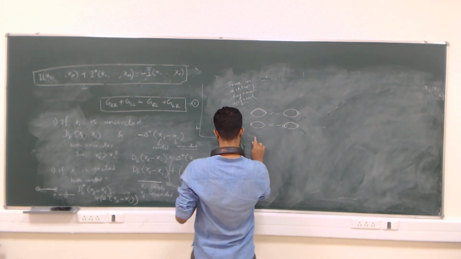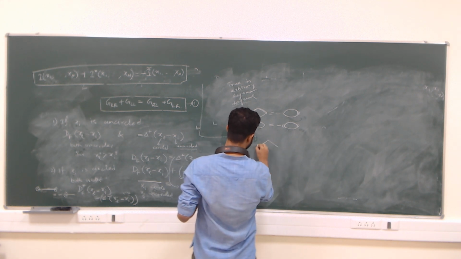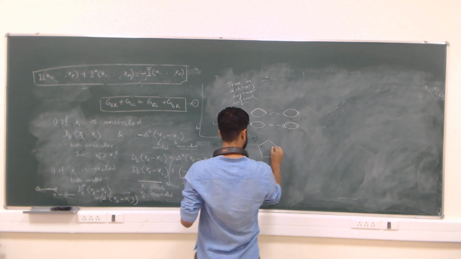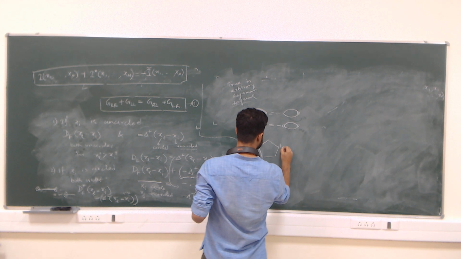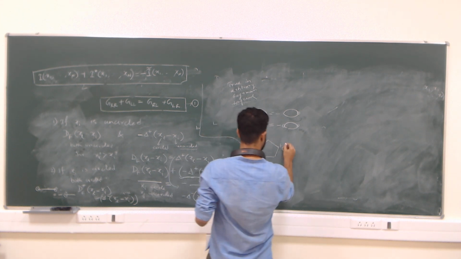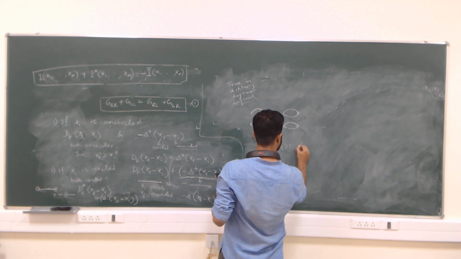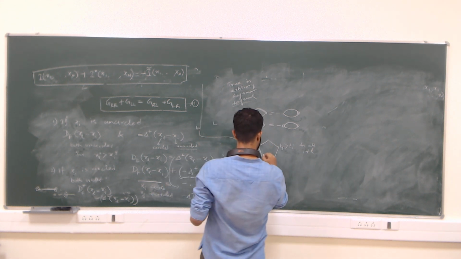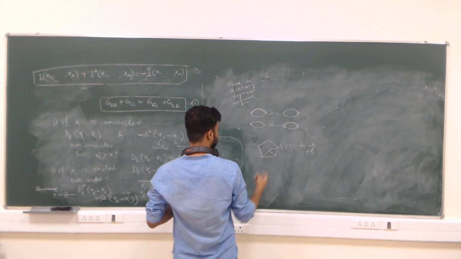Now, let's consider a further, say, complicated diagram. This is, say, steel. It's greater than all other TNs. So I can say this kind of propagations.